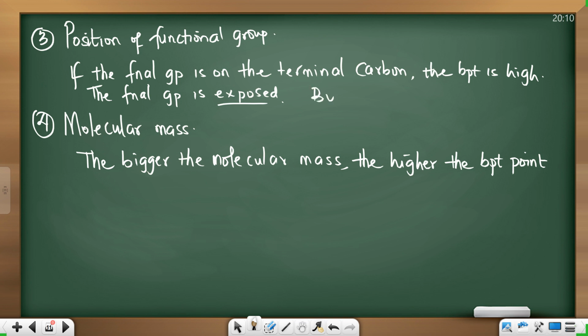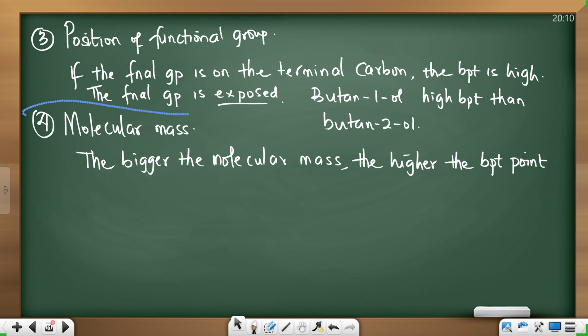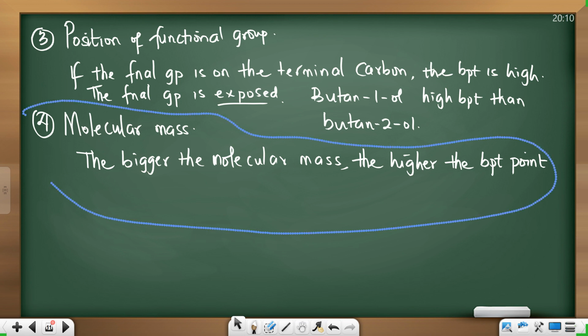This is why butan-1-ol will have a higher boiling point than butan-2-ol. If you check butan-1-ol and butan-2-ol, the molecular size is the same, the chain length is the same, the functional group is the same, same everything. The difference is the position where it is seated.